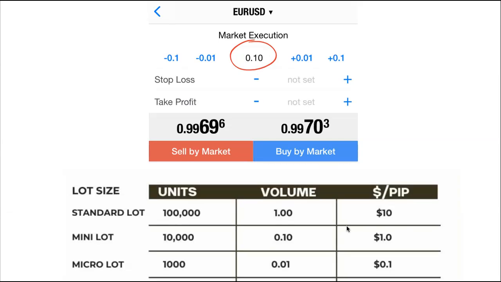So if I'm putting in a 1.00 right here, I'm actually risking $10 per pip. So I just wanted to reiterate that and make sure that you are understanding how the actual lot sizes work.